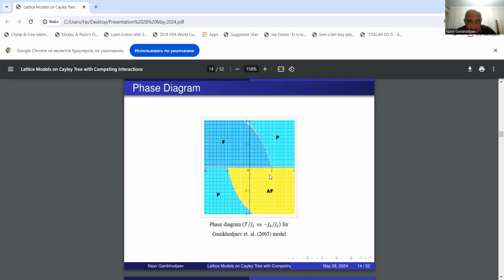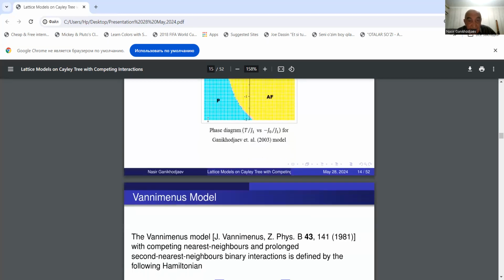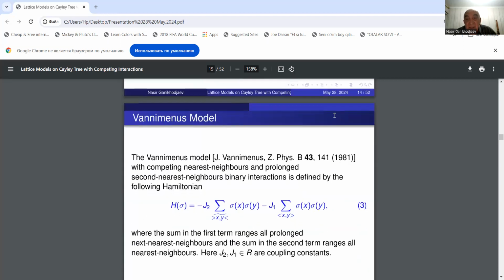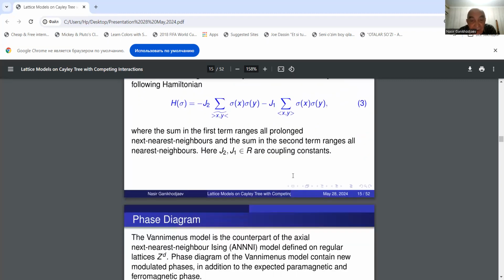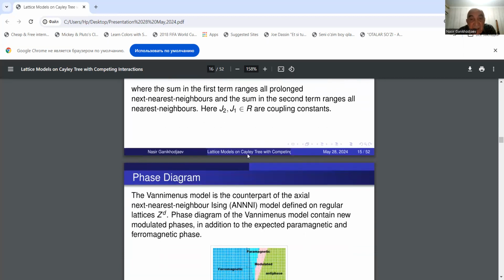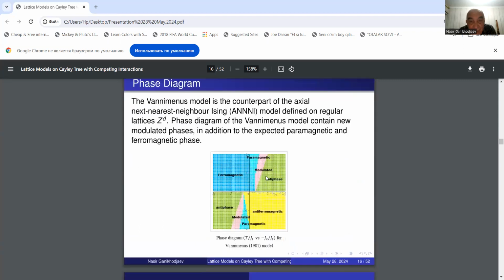Three different phases. But if we consider this model, which was considered by Vannimenus in 1981, with interaction of prolonged second neighbors and the same interaction of nearest neighbors, in this case the phase diagram is very rich. You can see here it consists of a lot of phases, and a very important part is that modulated phases arise.